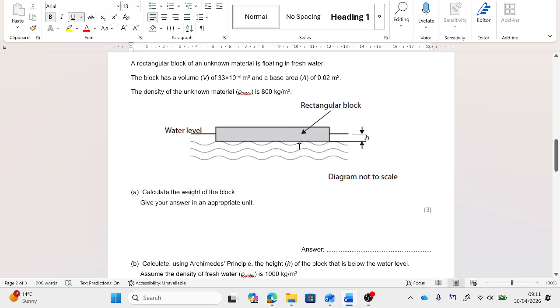There is only one force that is leading to the weight of this. Just like a human sitting on a chair, there is only one force, and it's caused by gravity. So when we talk about weight in physics, we mean weight in newtons as a result of gravity. So in this case, for 3 marks, it's straightforward.